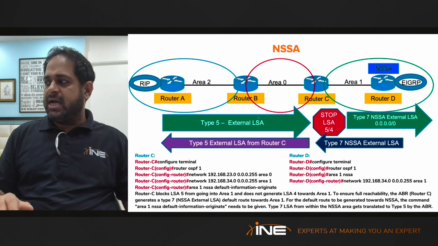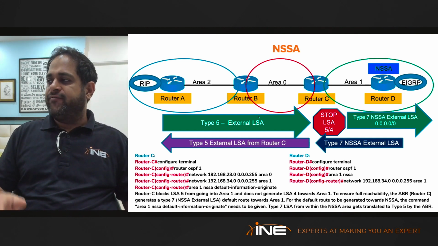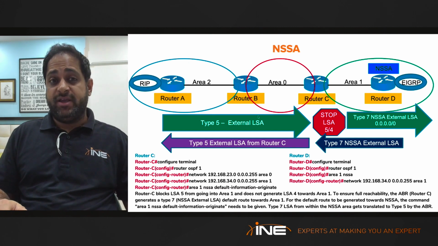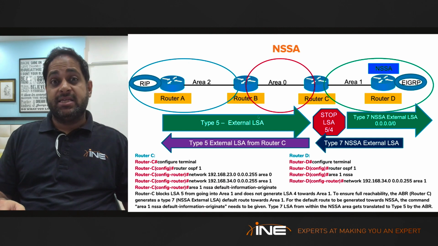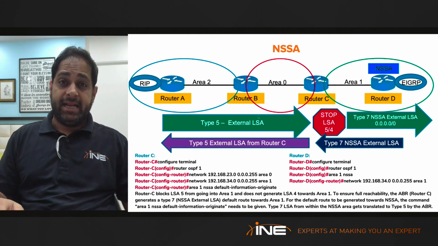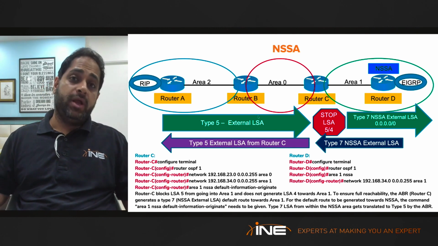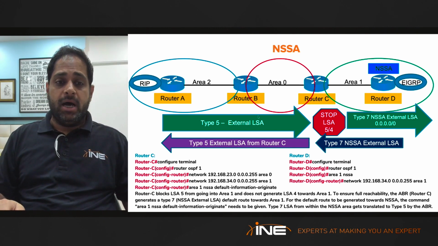So if you look at this diagram, I have area 1, which is configured as not so stubby. Now, area 1 has an ASBR: I have router D, which has EIGRP connected, and EIGRP is being redistributed into my OSPF.